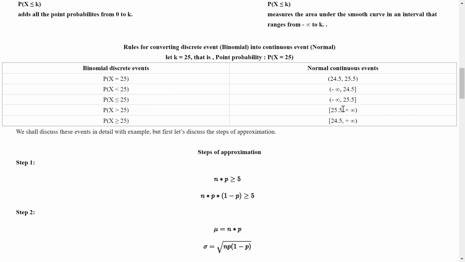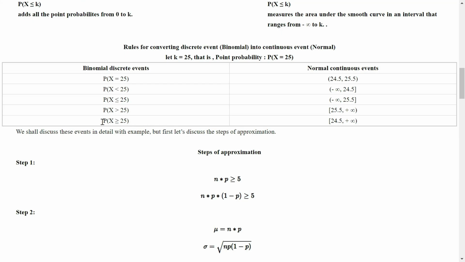Next, we shall discuss the right cumulative probabilities. The first, probability x greater than 25, is approximated by the area under the normal curve within the left closed interval that ranges from 25.5 to infinity.